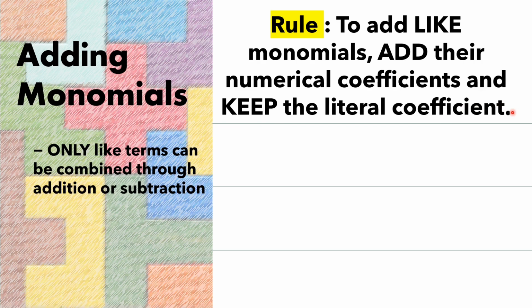Now review your law of exponents. Alright, so 2x plus x equals 3x. So add the numerical coefficients 2 plus 1 and then keep the literal coefficient x.